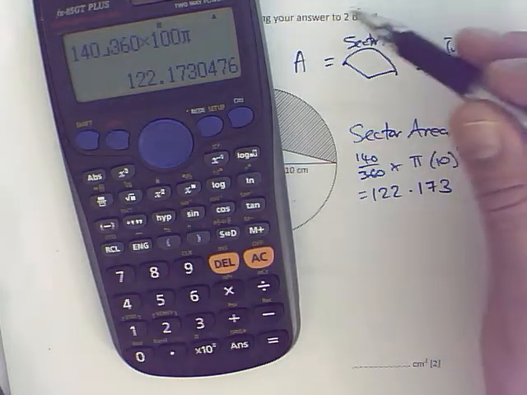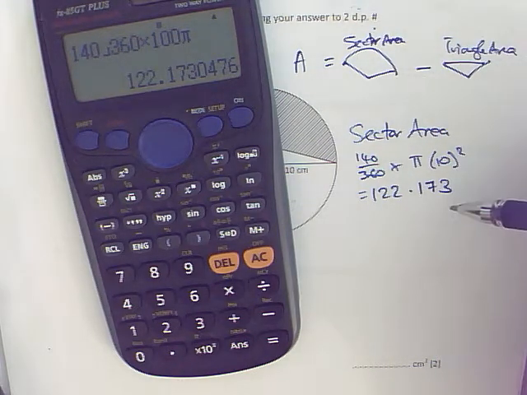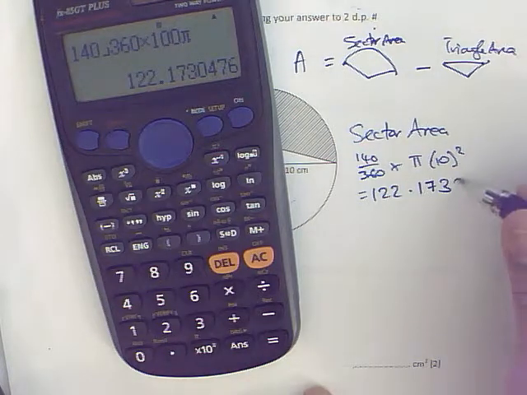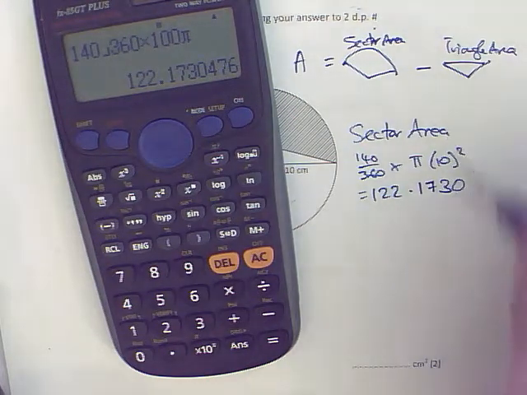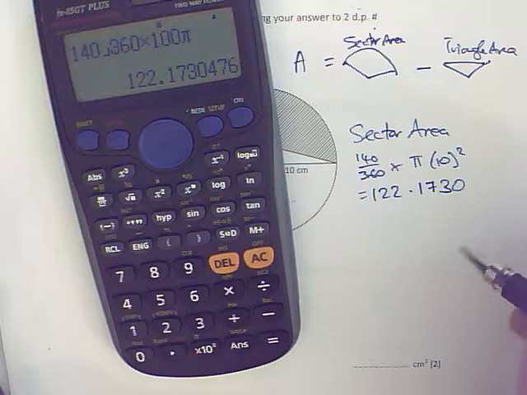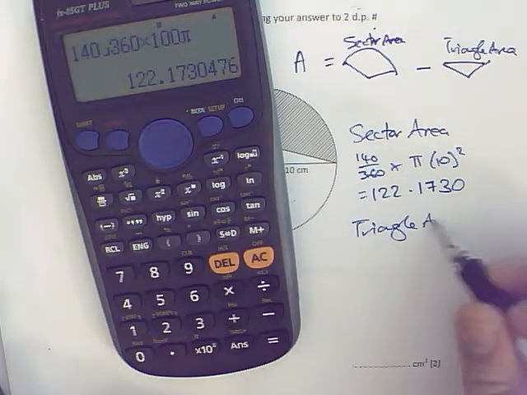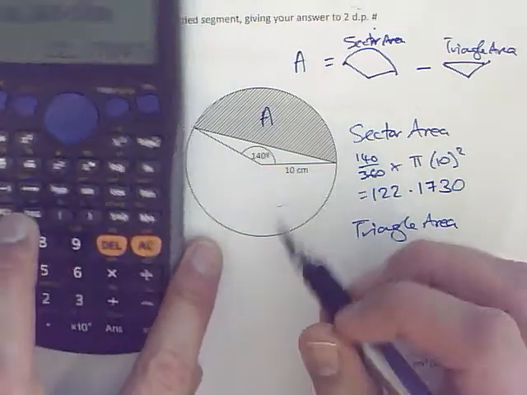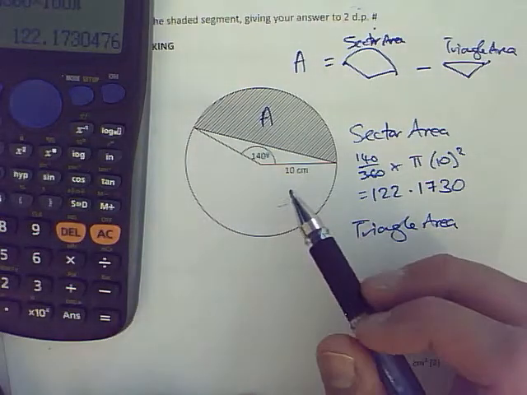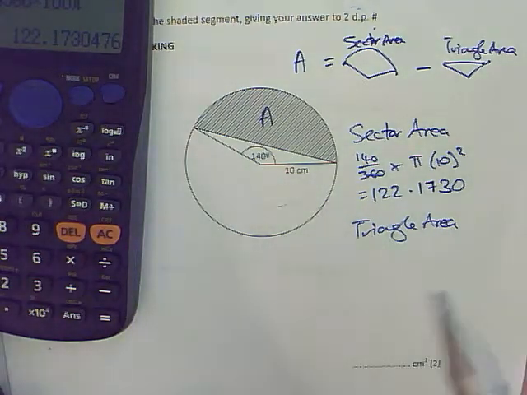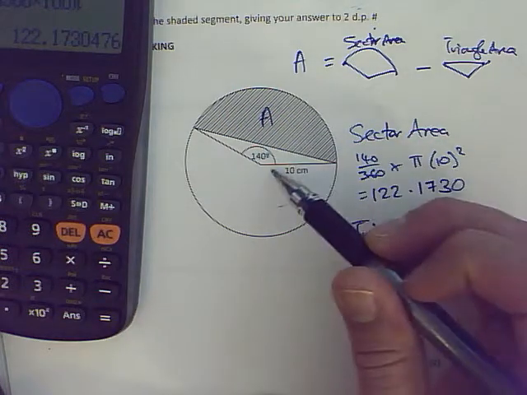And we get 122.173. I'm giving an answer to 3 dp here because the final answer needs to be 2 dp. And generally, whatever the final accuracy you're working to, your calculations should be more accurate than that. So that's the sector area.